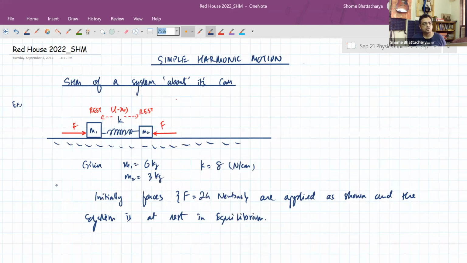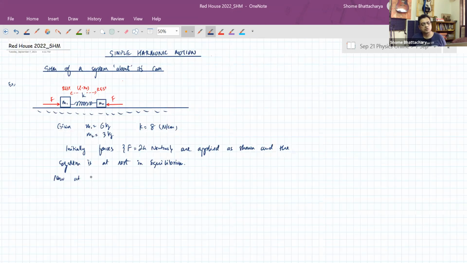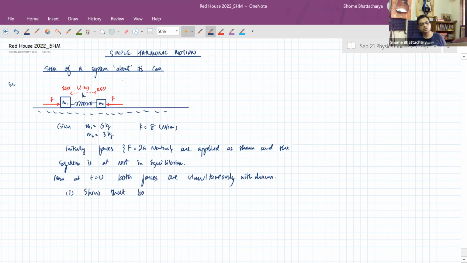Now, at t equal to 0, both forces are simultaneously withdrawn. So first of all, we will show that both blocks perform SHM with respect to the center of mass of the system.